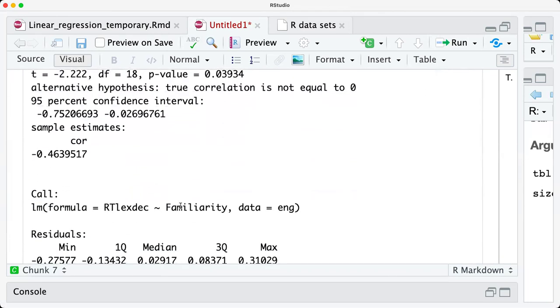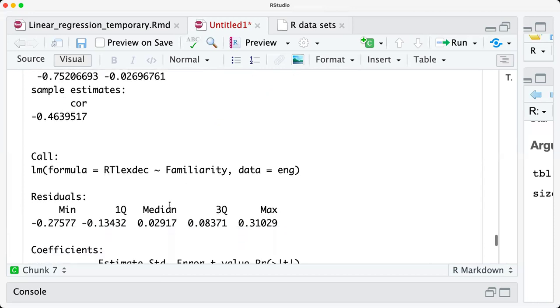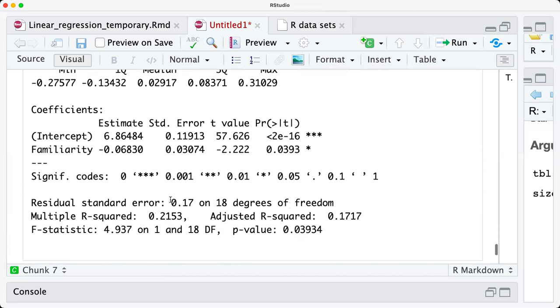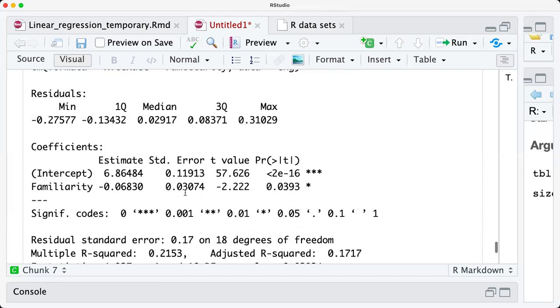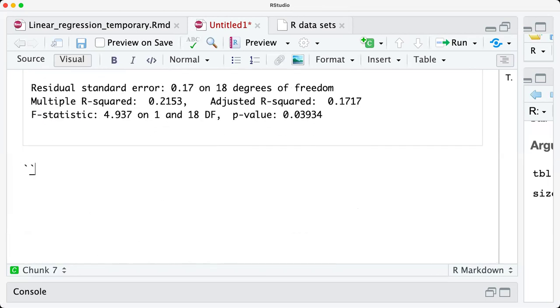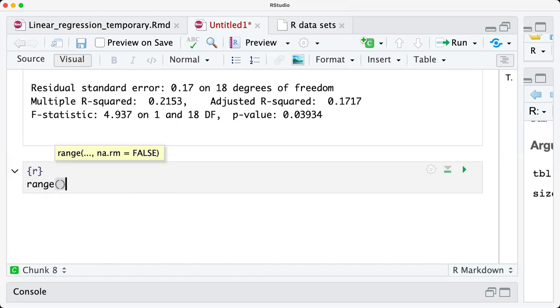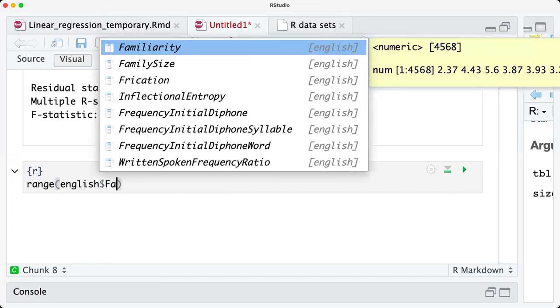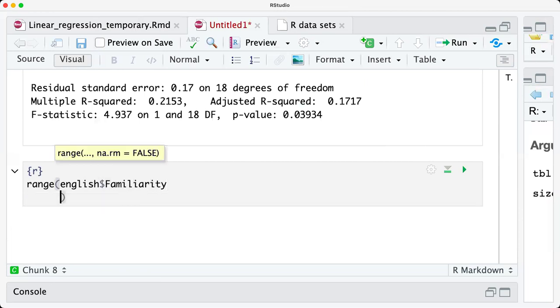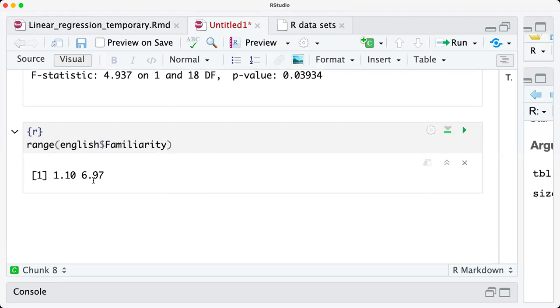Moreover, 0 is a particular point. Maybe it's also outside the range of x. If x is the familiarity, we cannot extrapolate to x equal to 0. Let's look at the range: which values can the familiarity take? From 1 to 7.